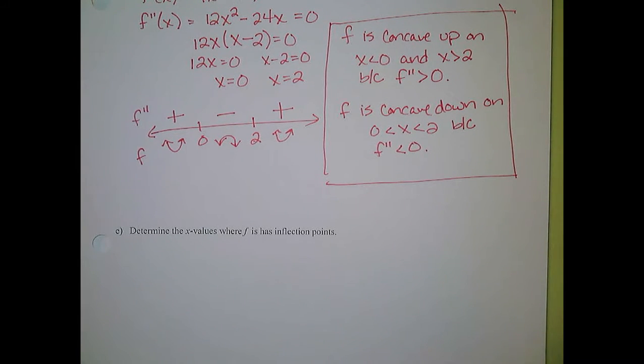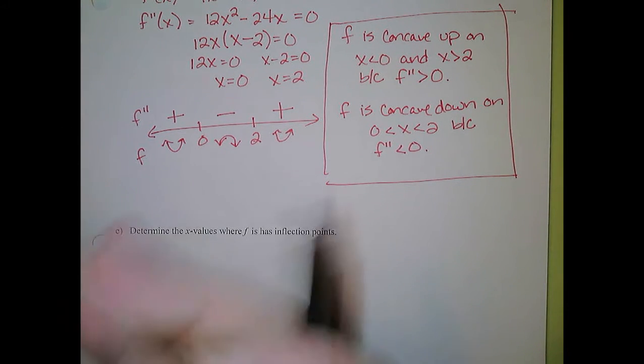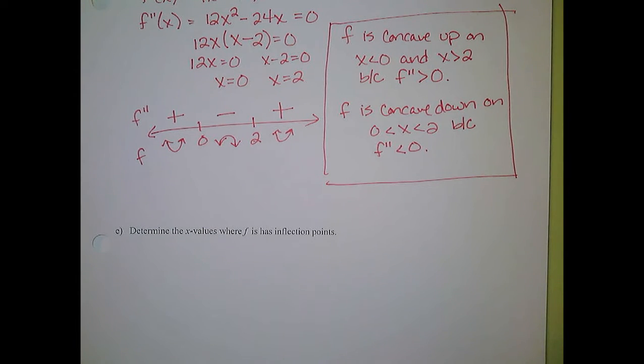And again, because our original function was a polynomial, we know that those are going to be actual points on our graph because our function will be defined for any value of x. So we don't have to go back and check and make sure that those are points on our function.